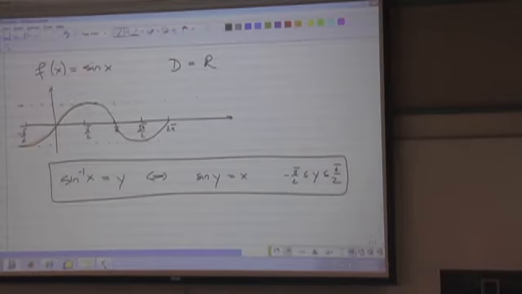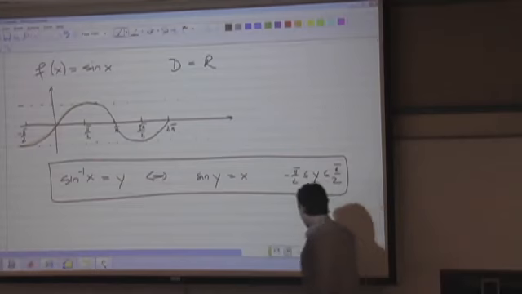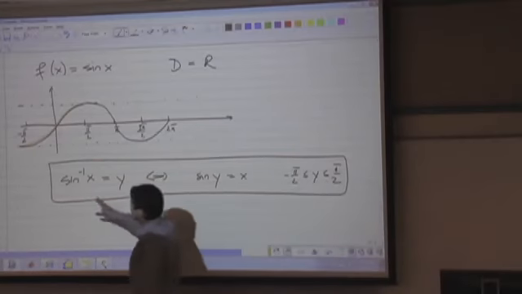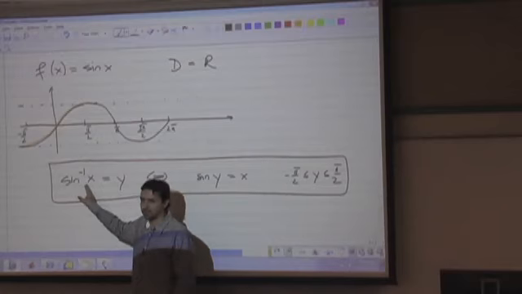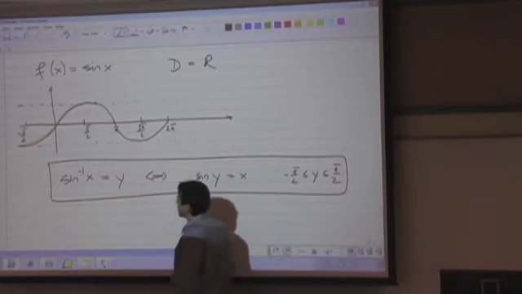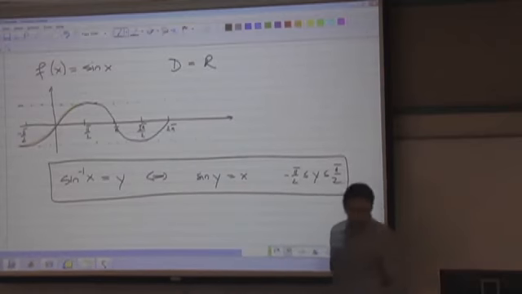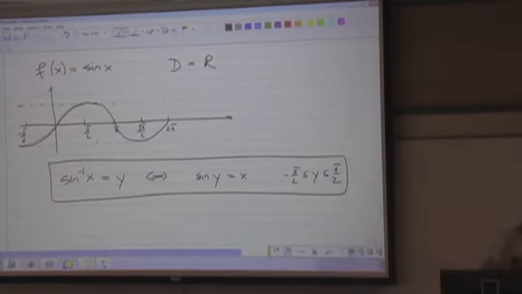Do you remember this at all? First of all, I'm hoping I don't have to write it again. Sine inverse of x is not 1 over sine of x. Okay? So that would be one thing. Alternatively, sine inverse of x is also written as arc sine of x.